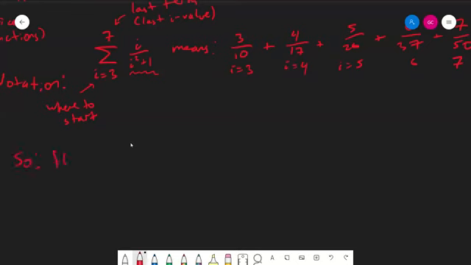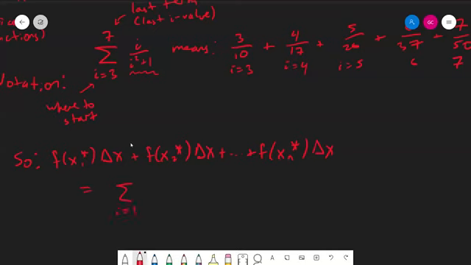And so we had this expression just a little while ago that looked like f of x1 star times delta x plus f of x2 star times delta x all the way up to f of xn star delta x. And so we can write that very briefly as the sum from i equals 1 to n of f of xi star delta x.